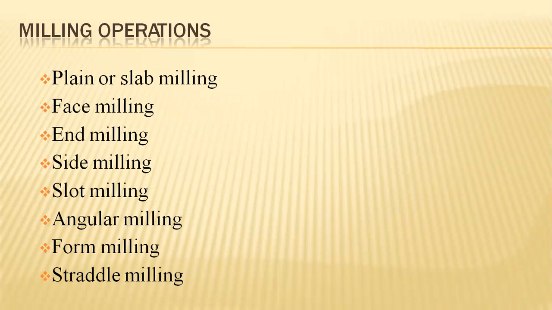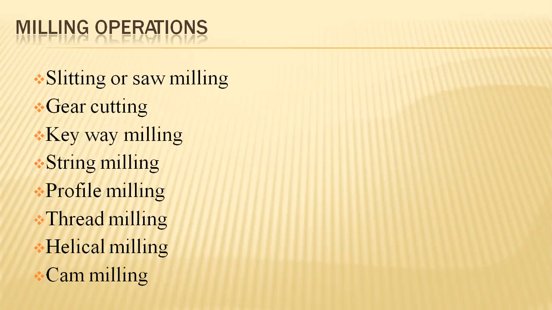Plain or slab milling process, face milling process, end milling process, side milling process, slot milling, angular milling, form milling, straddle milling process. Even the slitting process or saw milling process, where you need to have straight cuts. Gear cutting process, where you need to have a constant velocity while cutting the gear with respect to different tooth mating and the correct strategy for getting the high velocity ratio.